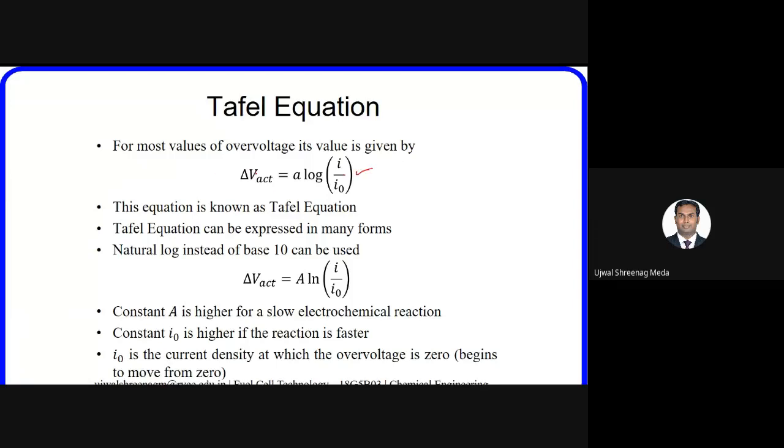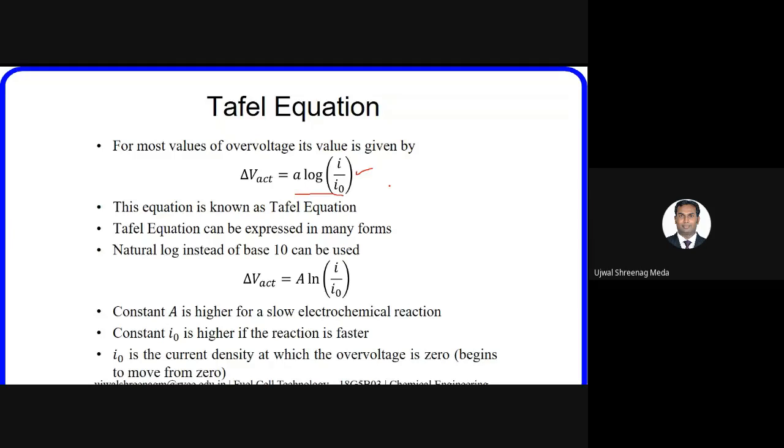Delta V act, the activation overvoltage, can be expressed in the form of an equation, that is A log I by I naught. Here I is the actual current that is drawn from the fuel cell, I naught is defined as the exchange current density, and A is a constant.